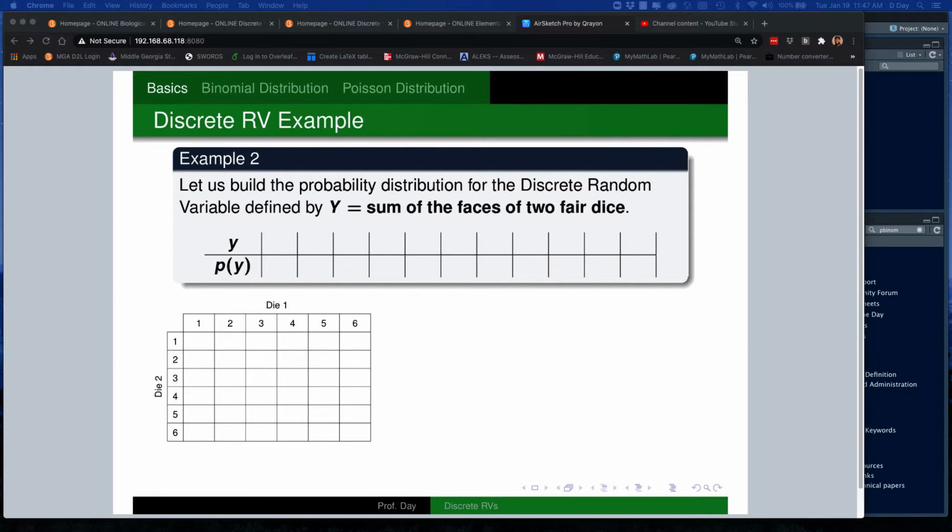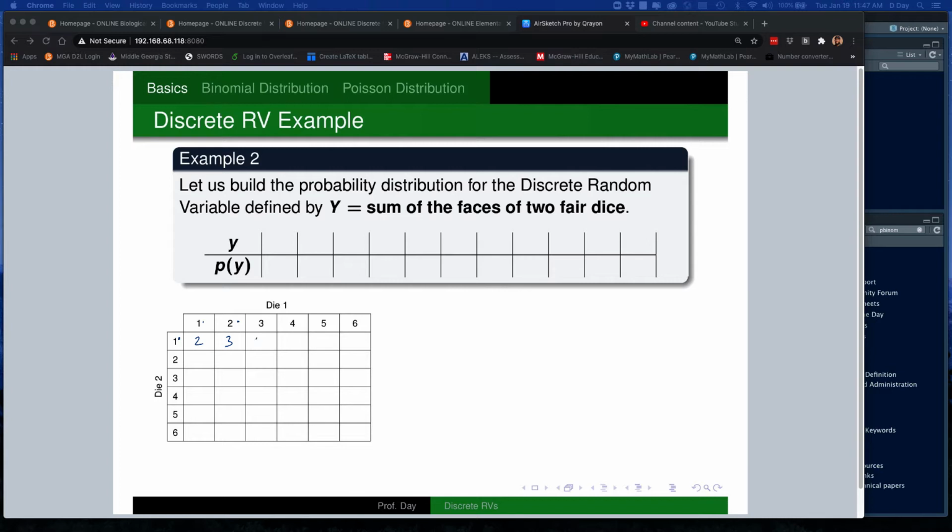So we just need to come up with all the sums that we'll see here, and this will give us 36 because it's a 6x6 box that I have blank. If I add 1 and 1 together, I get 2. 1 and 2 together, I get 3.